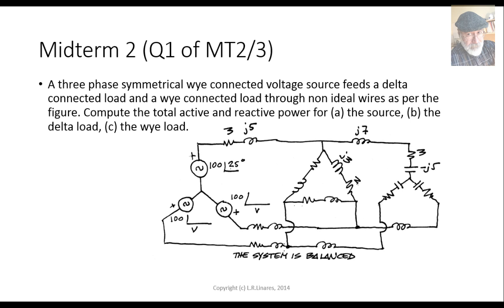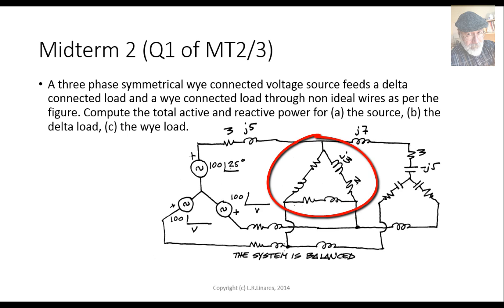A three-phase symmetrical Y connected voltage source. Wow, that's quite a mouthful, right? So it's a voltage source that is symmetrical, it's three-phase, and it's connected in a Y connection.